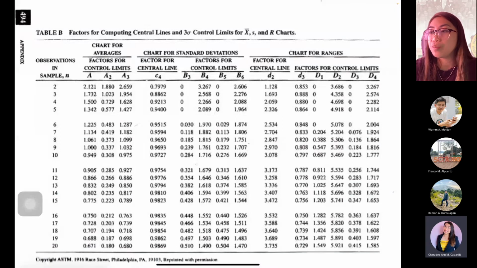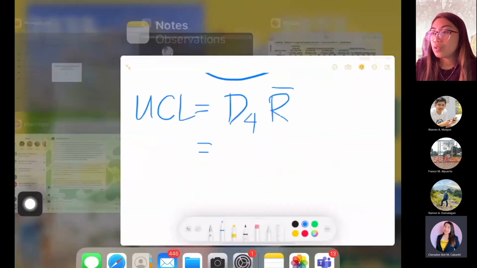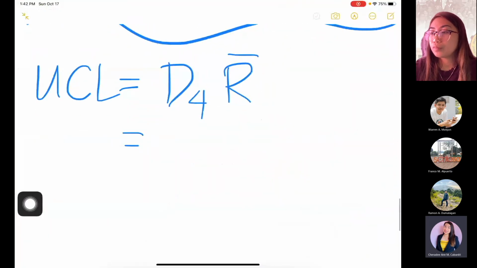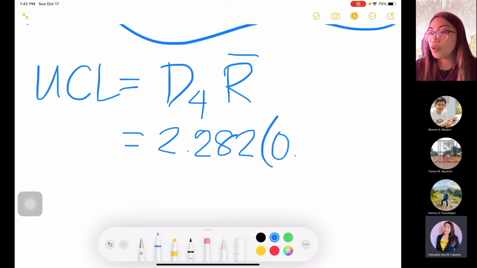Capital D4, because we also have small letter d4. So please use the capital D4. That's 2.282 times the bar R of 0.2333.